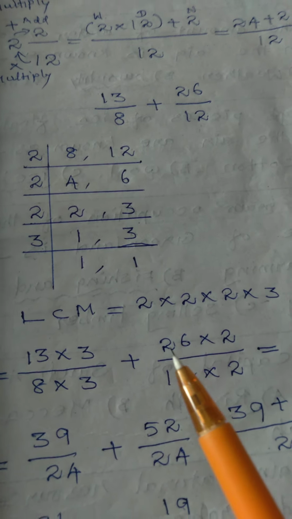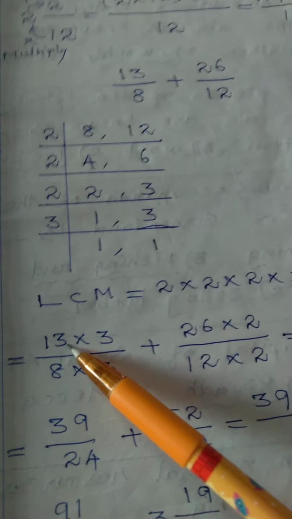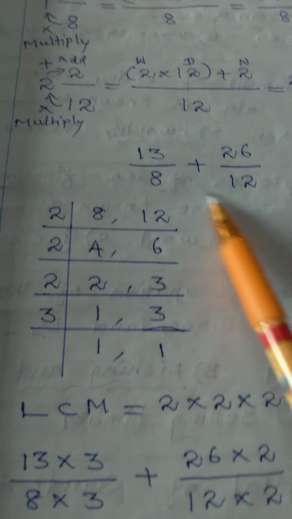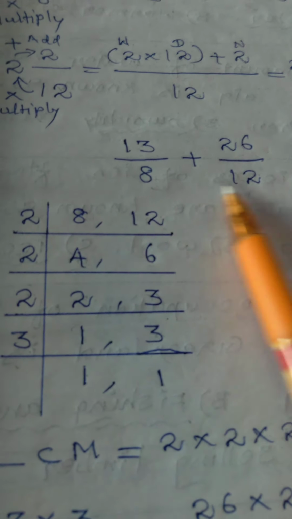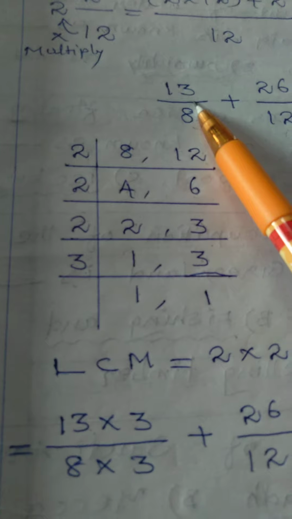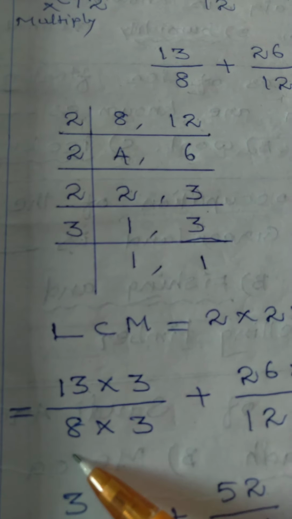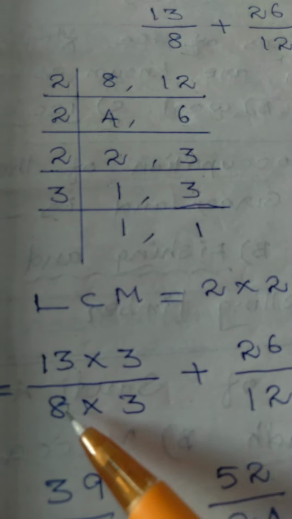Next we have to convert these different denominators into the same denominator. Write the fraction 13 by 8. 8 is the denominator.